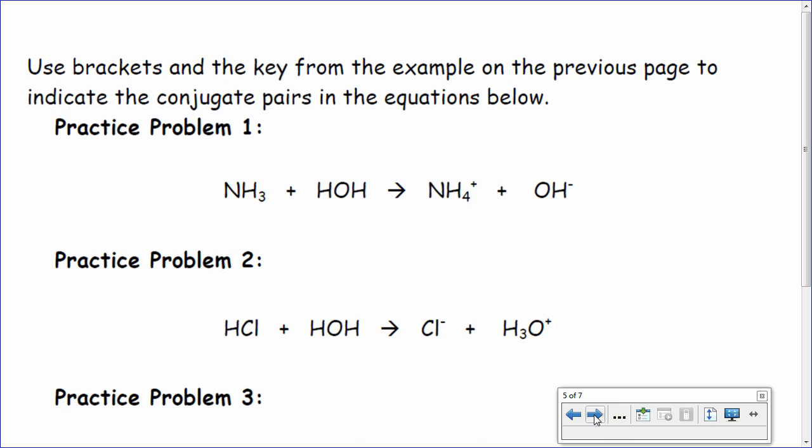Using brackets and the key from the example on the previous page, indicate the conjugate pairs in the equations below. So we have to think about some things here. Bronsted-Lowry acids are proton donors, bases are proton acceptors. So here is the Bronsted-Lowry acid. That's the base, because it accepted the H plus, and that would make this the water, the acid, because it gave up the H plus.